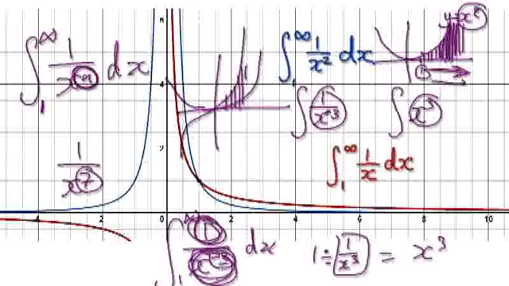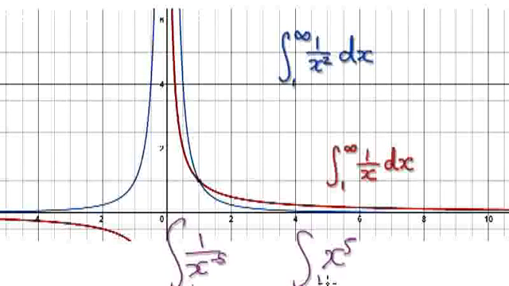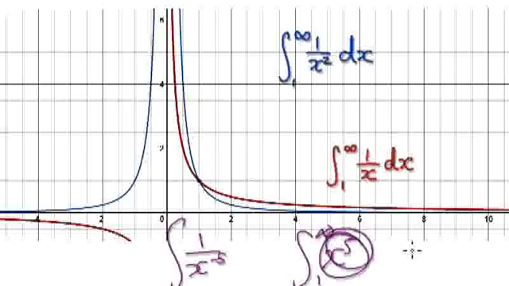So when you look at the general case, 1 over x to the power of, let's say, negative 5, well, that's the same as integrating x to the power of 5 from 1 to infinity. This is hardly going to converge, so you should have a hunch that it should diverge.